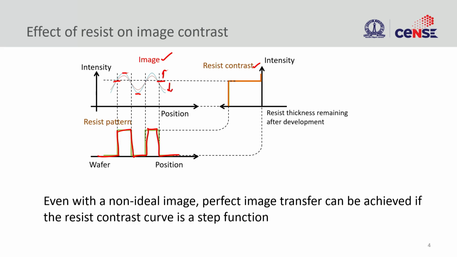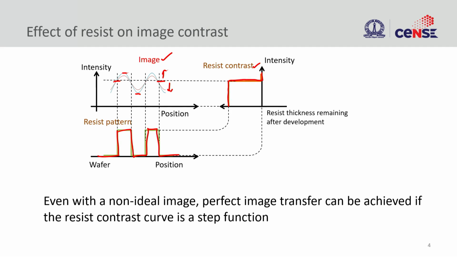So this is again an example of using a high contrast or perfect resist with a non-ideal image. This is again for understanding purpose. Again, this is not really practical because it is impossible to get a step-like resist contrast.